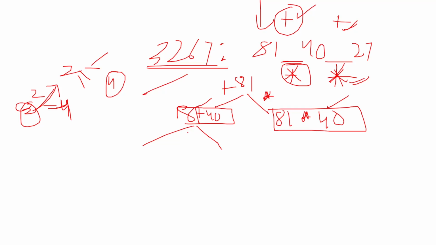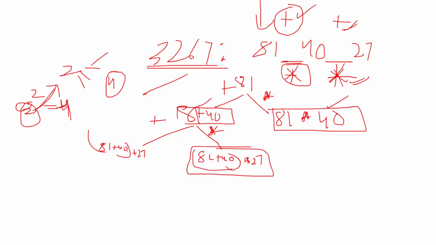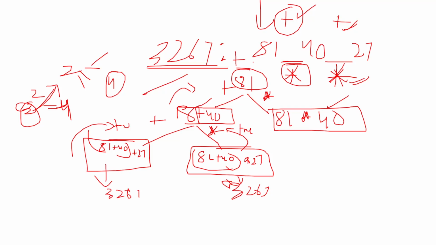This will give us one result, and this result should match with 3267. If it matches, I would return true. And this goes on layer by layer, and finally on the top layer I will have either true or false, and then I would return that value.